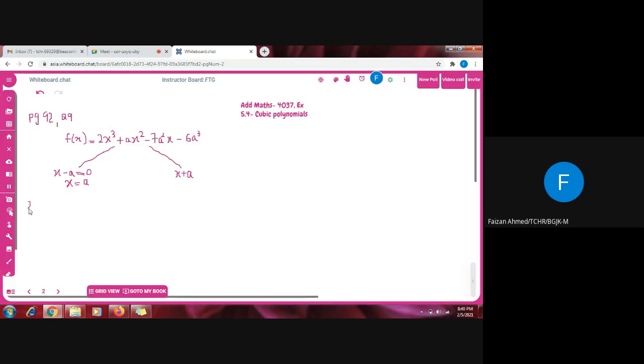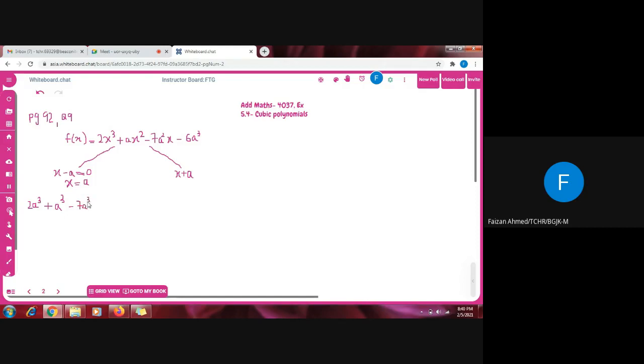I will start off with the first term. The first term is 2x cube, and I will put x equals a, so this will become 2a cube. The next term is plus a x square, so I will put x equals a, so it will become a square, and a square multiplied with a will become a cube. The next term is minus 7a square x, so I am putting x equals a, so there will again be a cube, so this will be minus 7a cube.